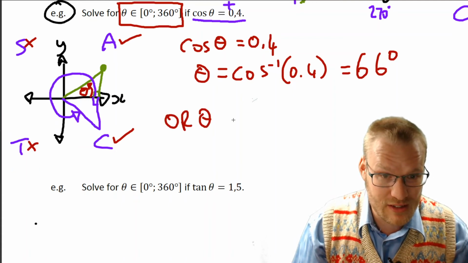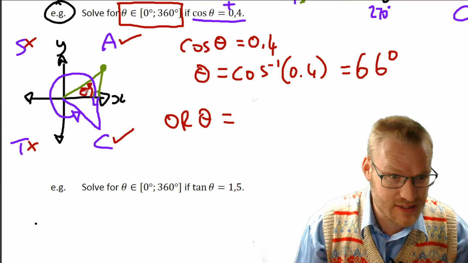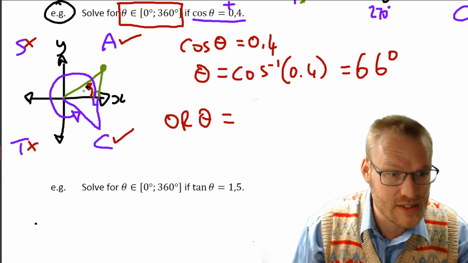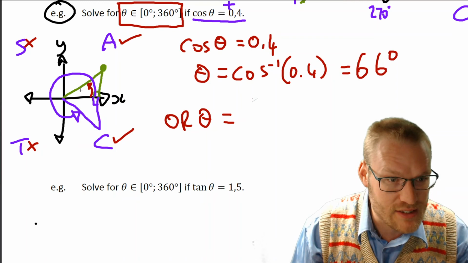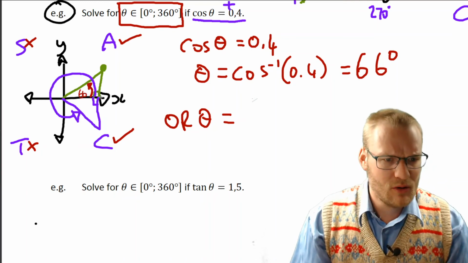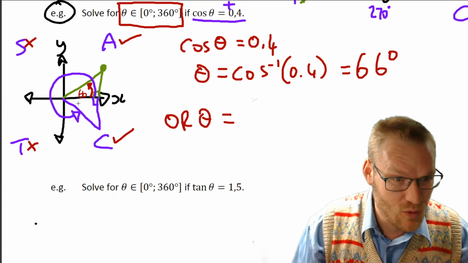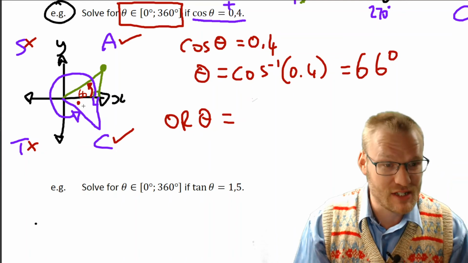So we've got this value here is 66 degrees. I'm going to fill that in and say that angle is 66. Well, if that's 66 and these two triangles are the same, what is this angle here? What is the value of that angle that I've put the dot at?